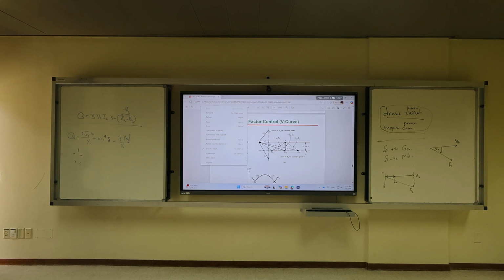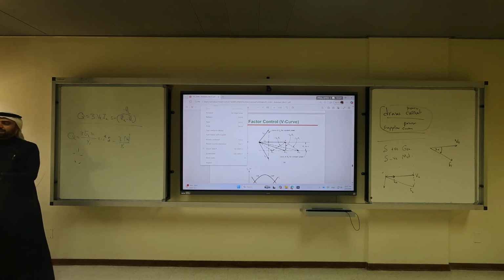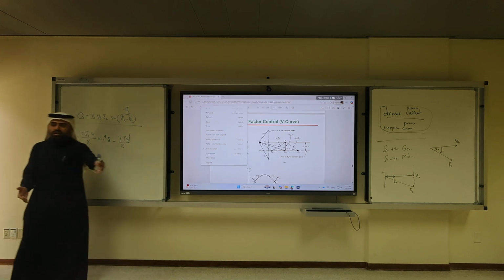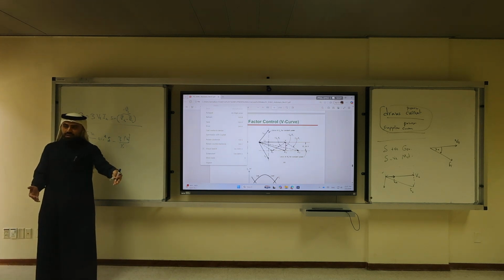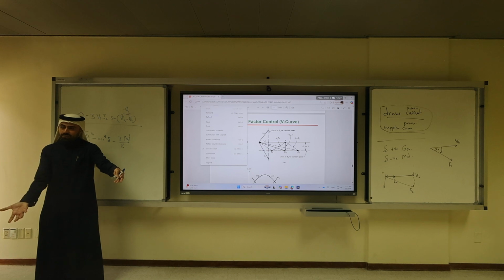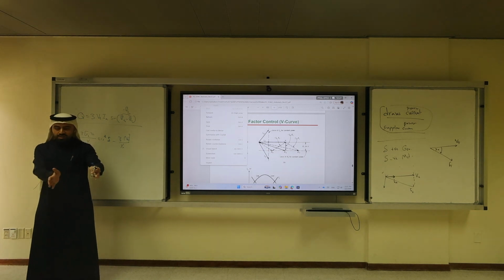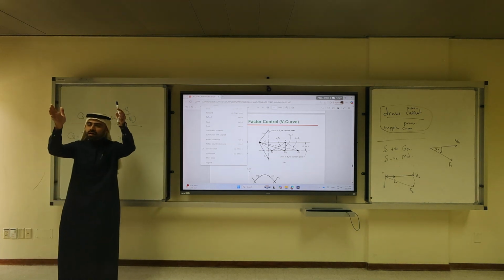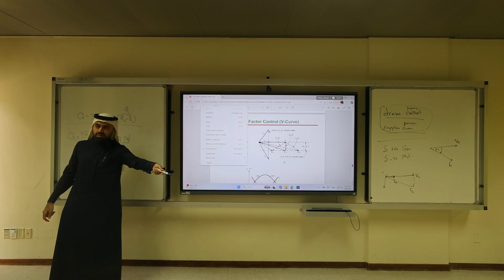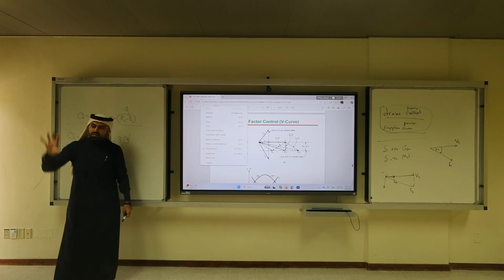On the machine side it's high speed, low torque. On the other side of the gearbox, it's slower speed, higher torque. So you can even reduce your machine torque by 50% and get another gearbox to get the same torque. One machine gives you 30 and another gives you 15.